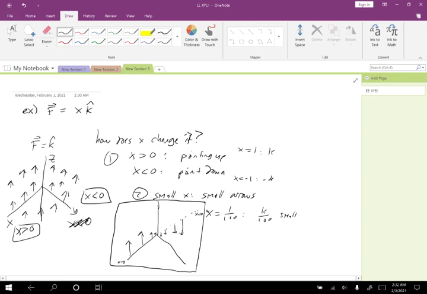Then after you do this, if you shift y and z, it'll just be the same, right? So in this way, you can get a kind of feel for what's going on.